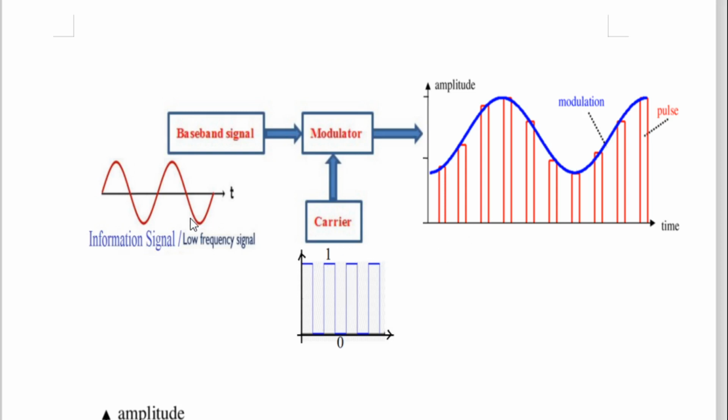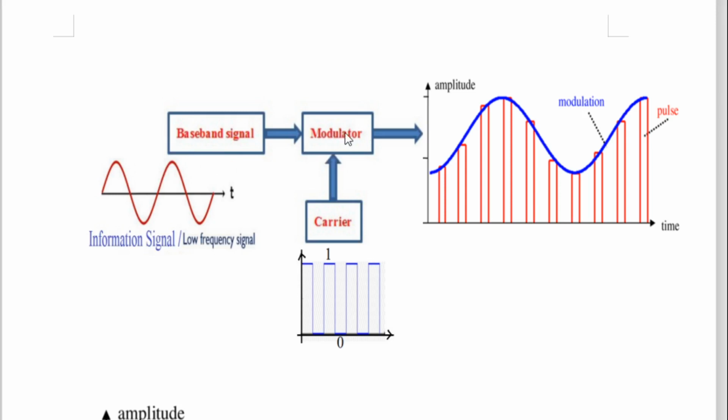What is this modulator doing? As the name pulse amplitude modulation suggests, this modulator will only change the amplitude of the pulse, that is the carrier signal, and it will not disturb the information signal.